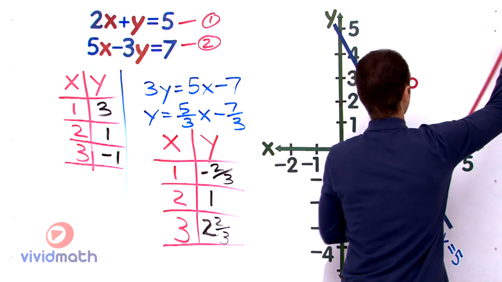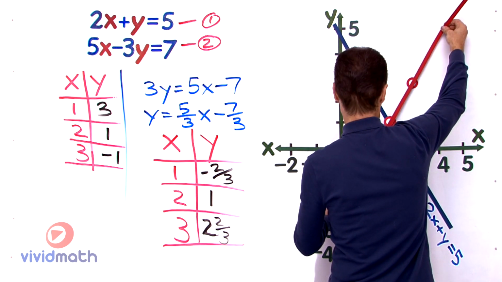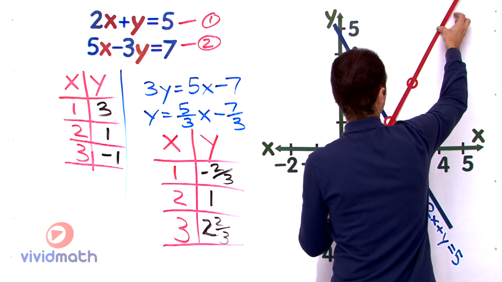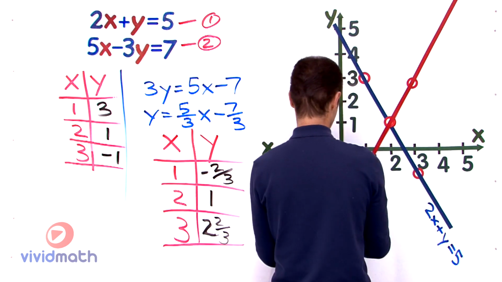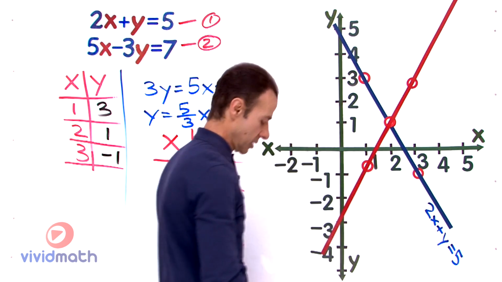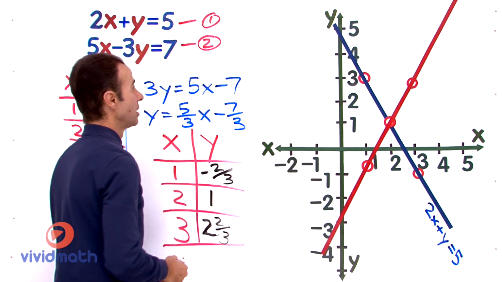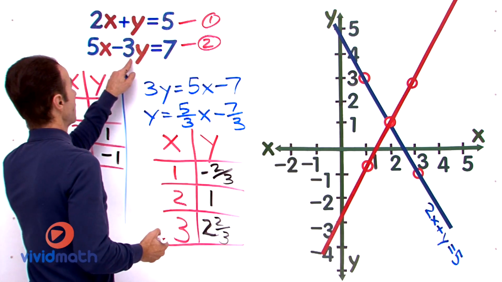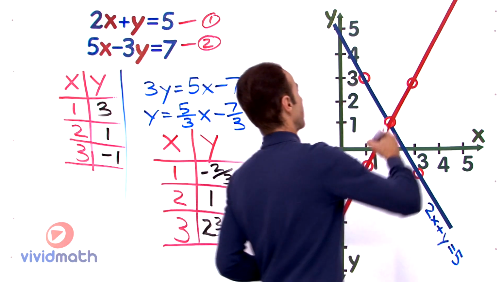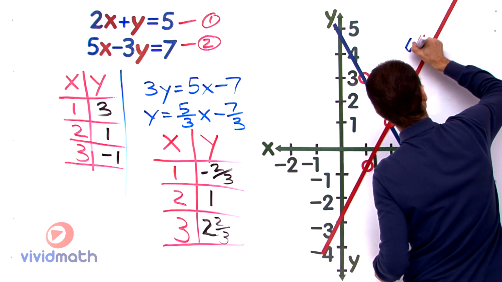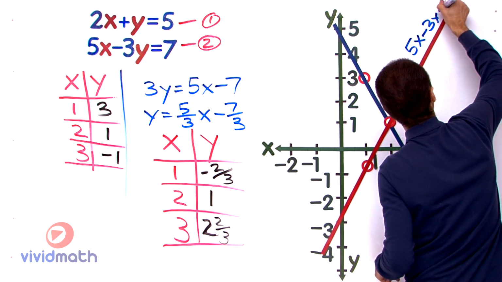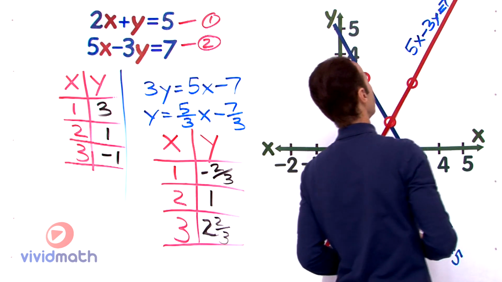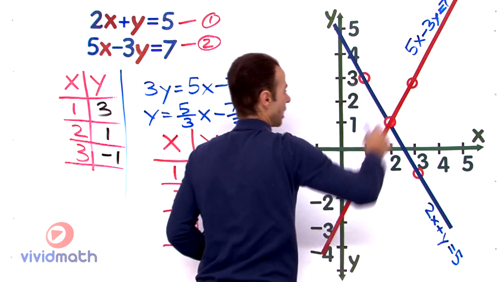So let me just put in a line. Okay, that's reasonably close. There's our second line. So let me just mark out what that one's called. This line is 5x minus 3y equals 7. There's our line right there.